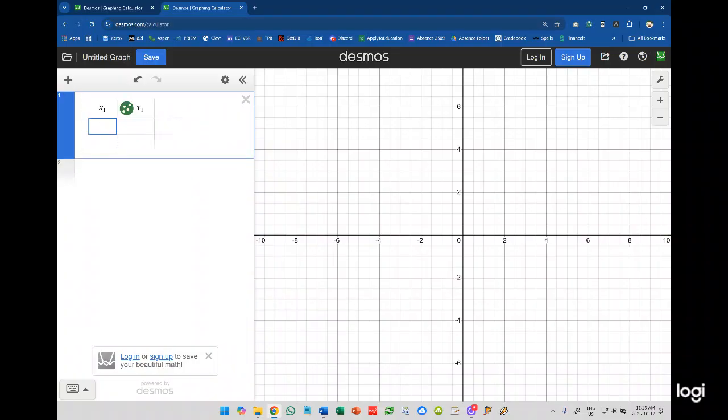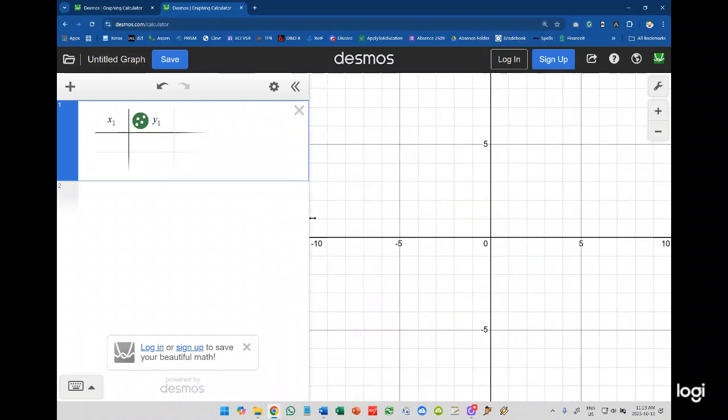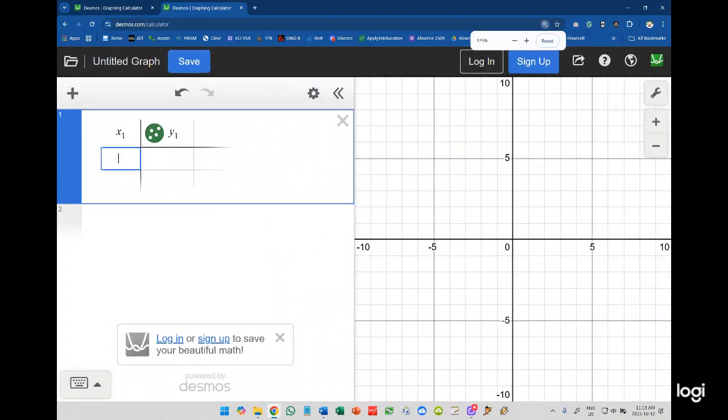So I type in table. And this time, what I want to do is just say basically what happens. So we know that the tire goes around every 20 seconds. And I think it's fair to say basically where the gum is every quarter of a rotation. So I'm going to go up by 5s.